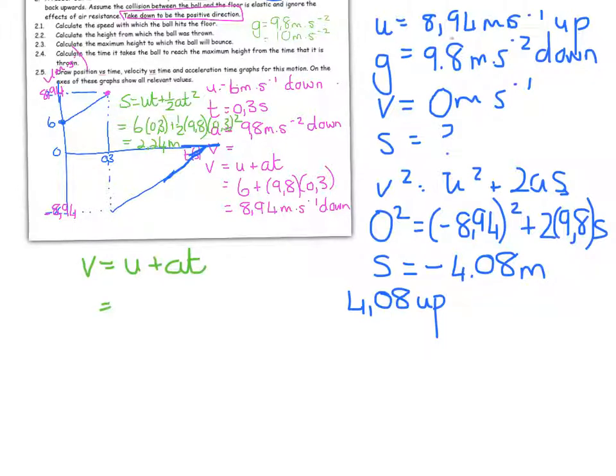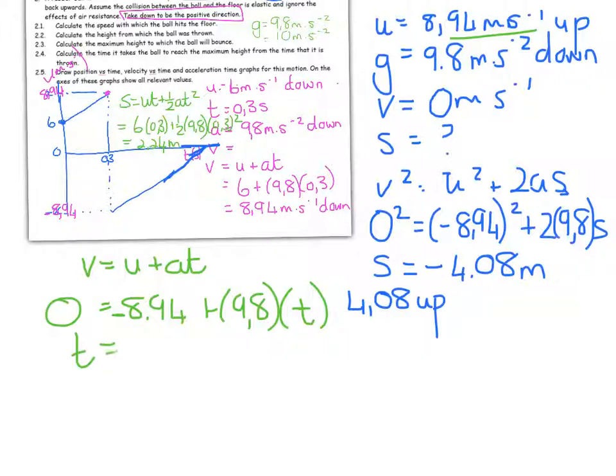My u is 8,94 meters per second up, so that's a negative 8,94, plus positive 9,8 times time. Time is, I do not know, but I do know that at the end of that I have got a velocity of 0. Calculate the time, it turns out to be 0,91 seconds.